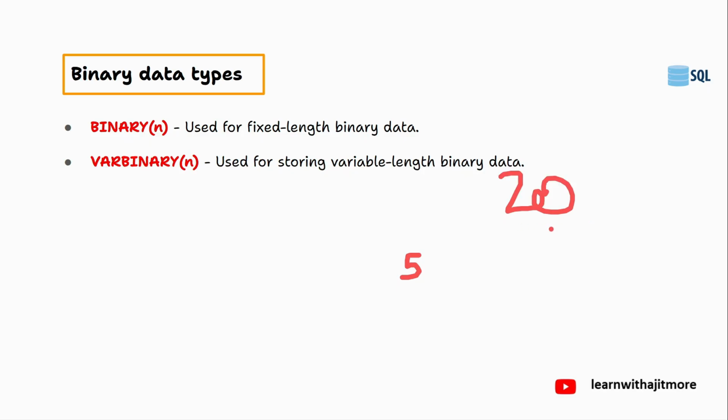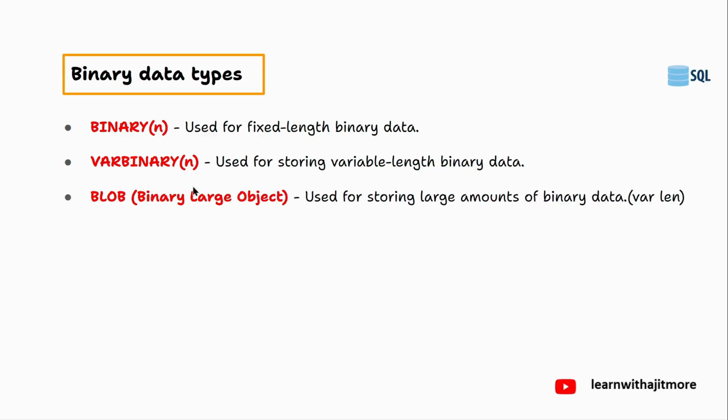Though max 20 you have given, you need only 5 bytes, it will take only 5. In binary, 20 and you need 5, it will take 5 but the remaining 15 are padded with zeros. Such a thing doesn't happen here. Correct? So here it is going to take only as many bytes as are needed.